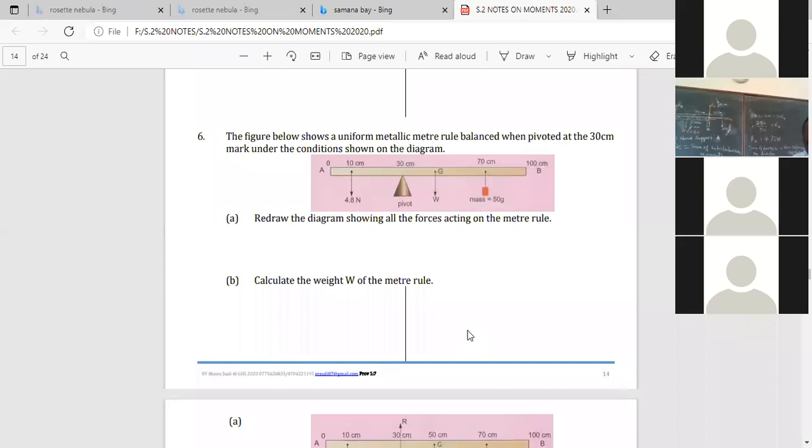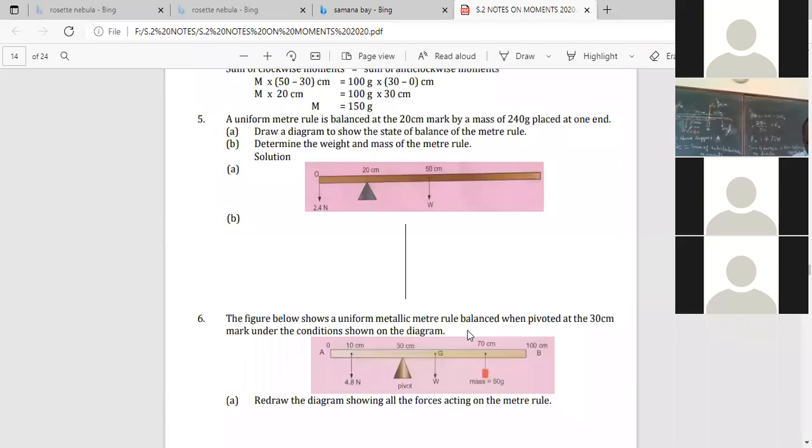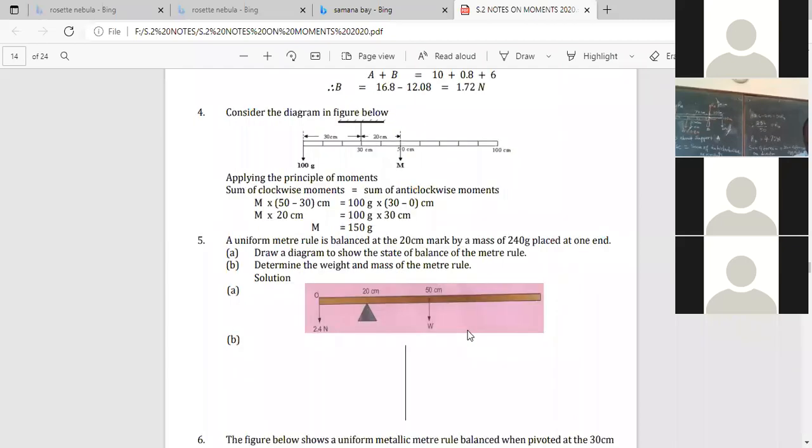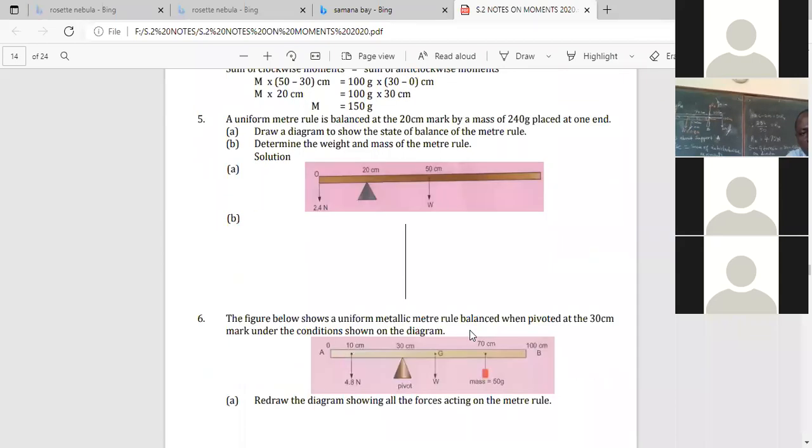Okay, let us start from 5. They give you a question of redrawing the diagram also. Yes, that's why we have those questions there. I think most of you have 4. Let's look at question 5.